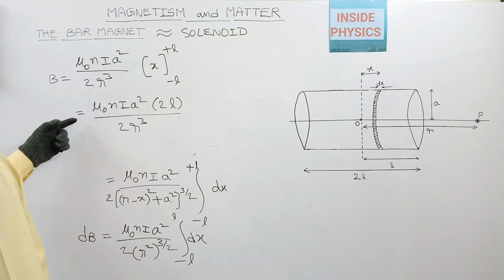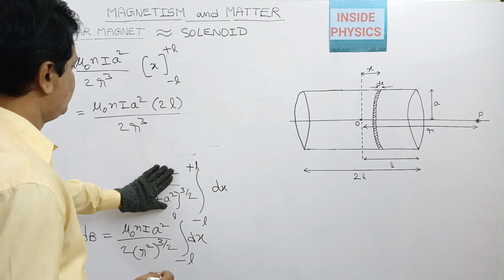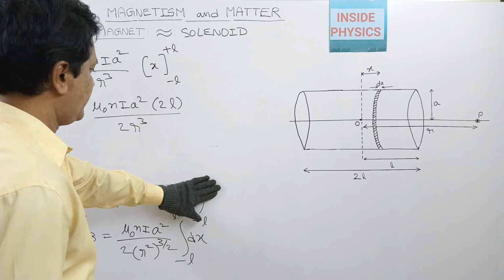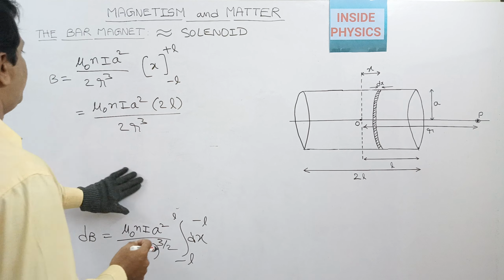Now we will multiply the numerator and denominator with 4 pi.